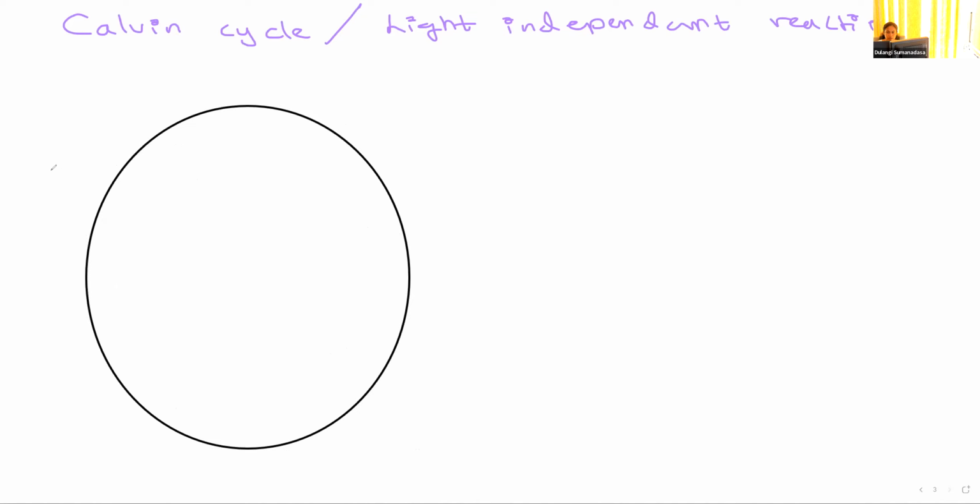I'm going to write it down somewhere. Ribulose bisphosphate, you can just write it down as RuBP. RuBP is a 5-carbon compound. Just remember the carbons. RuBP has 5 carbons. Can you draw 5 circles?